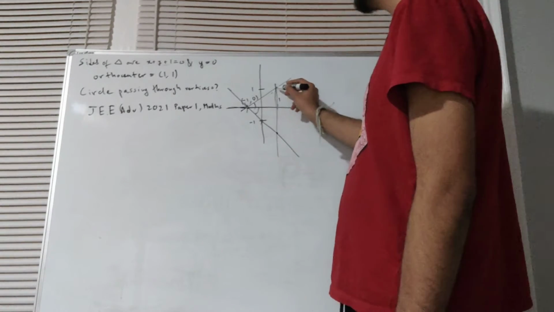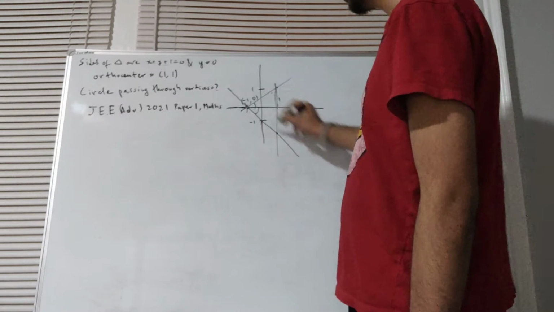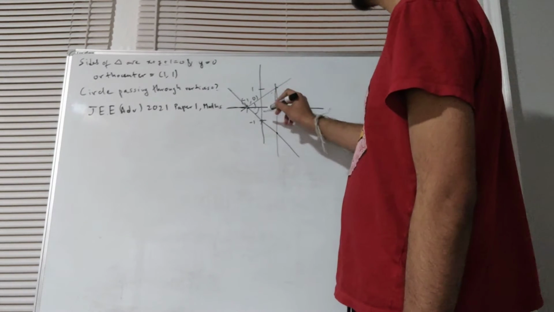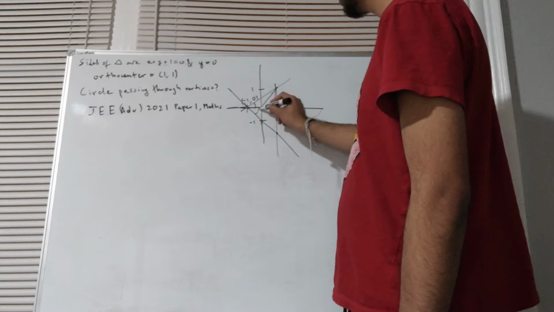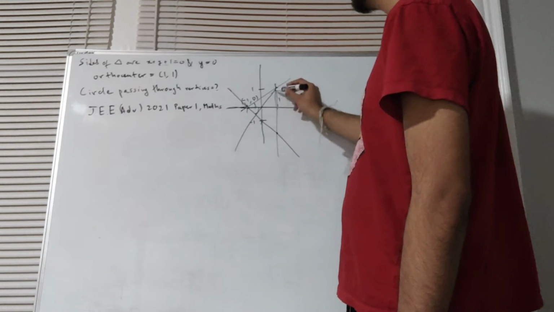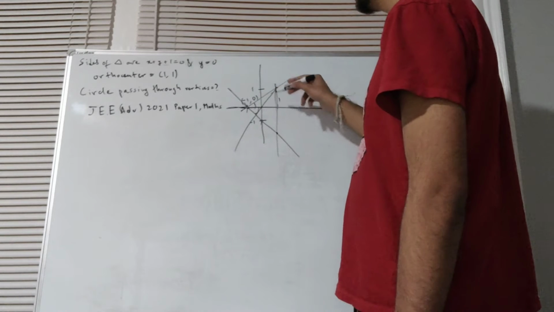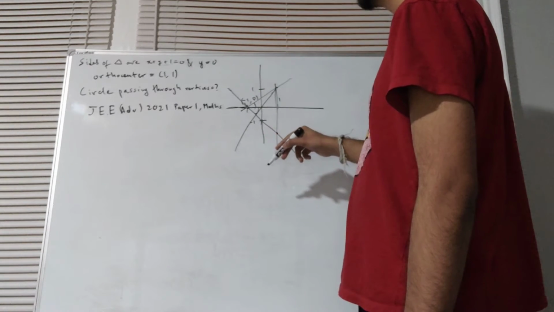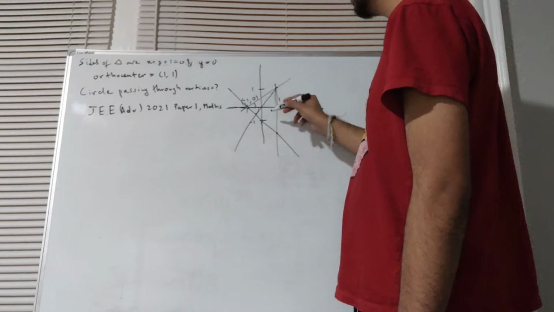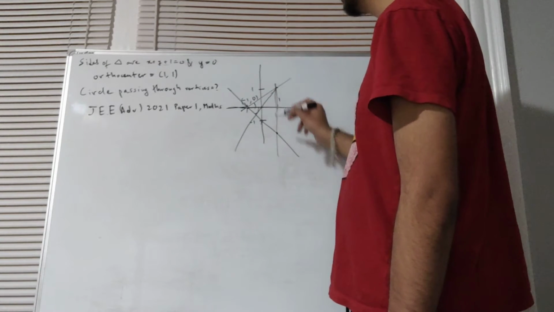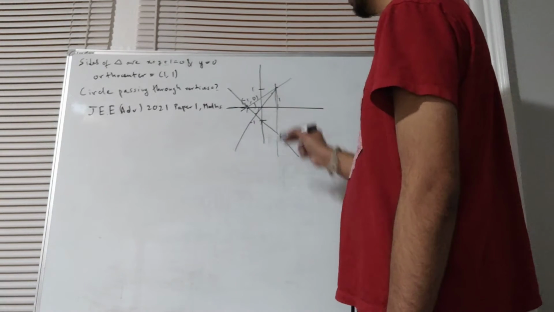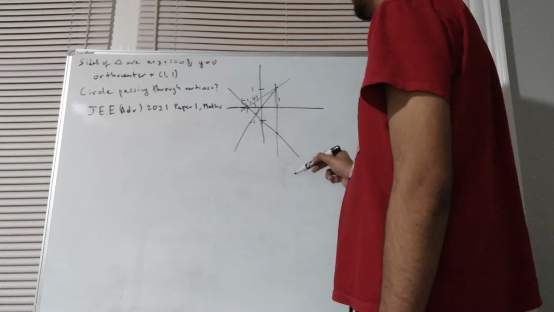So if we draw the line perpendicular to x plus y plus 1 equals 0, we get this. So because this has slope minus 45 or minus 1, this has to have slope plus 1 because it's perpendicular. So that means that it passes through 0, 0.